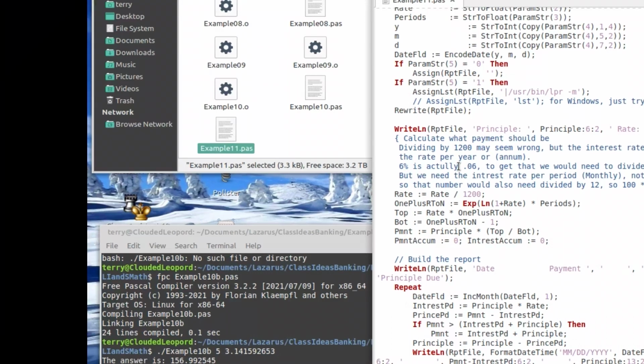Since the interest rate is going to come in like 6.5, we really need to divide that by 100, since it would be 0.065, and by 12 to get it into periods, because we have to get the interest rate per period.